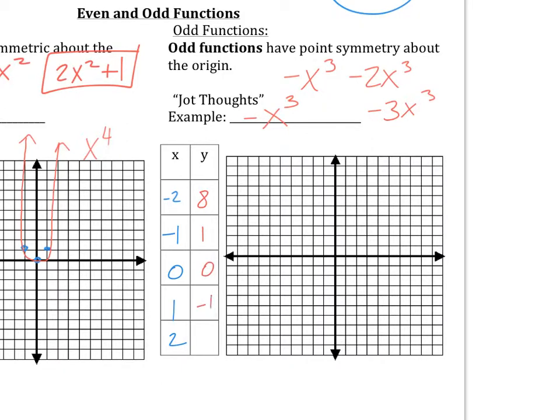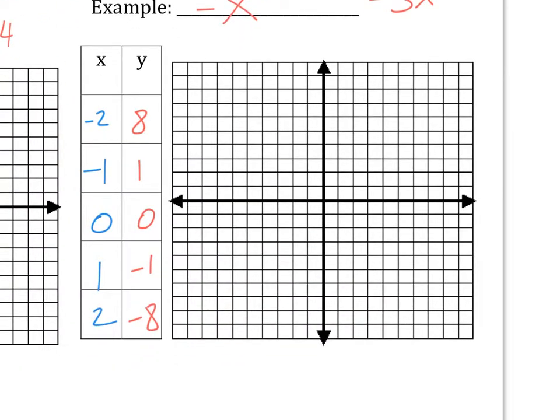And then you plug in the other numbers and this is what you get. Now remember, you are not allowed a calculator on this lesson. Now let's plot those points. And I will get 0, 0, 1 and -1, 2 and -8, -1, 1, and 2, 8, or -2, 8, okay?